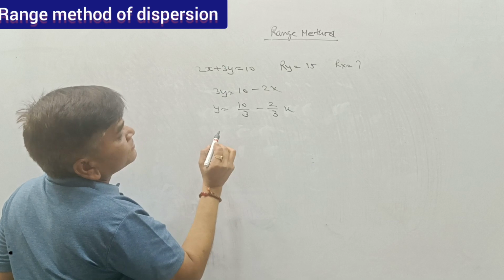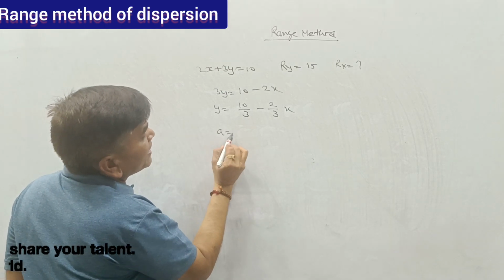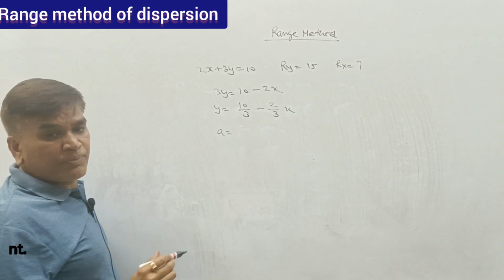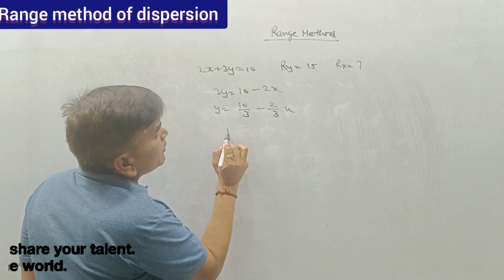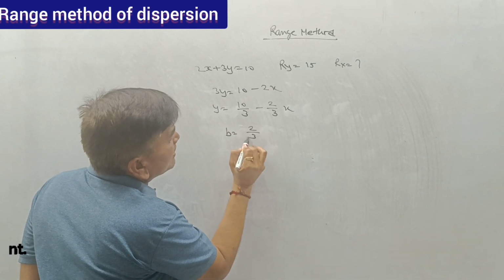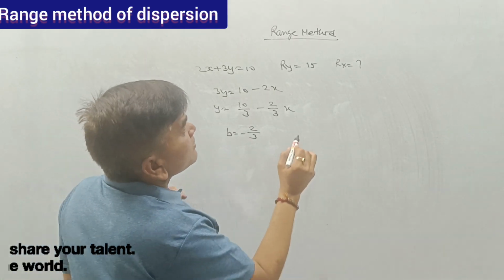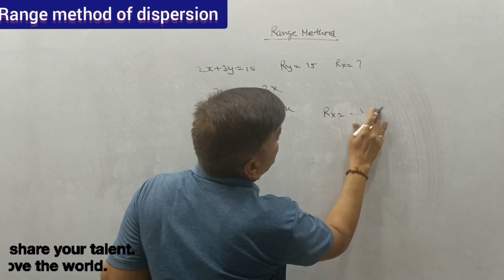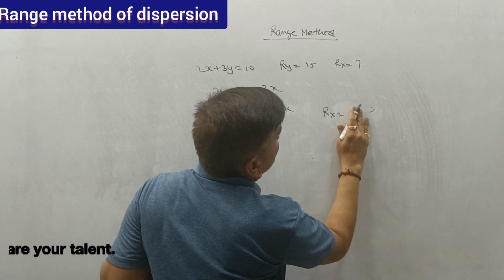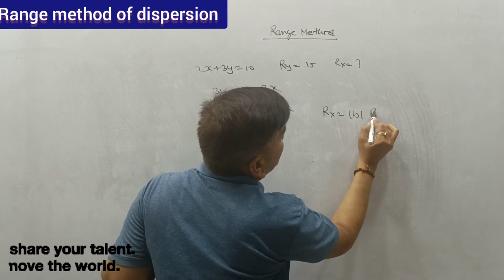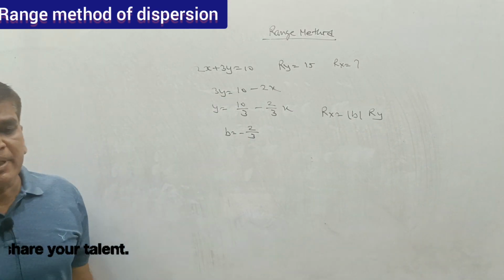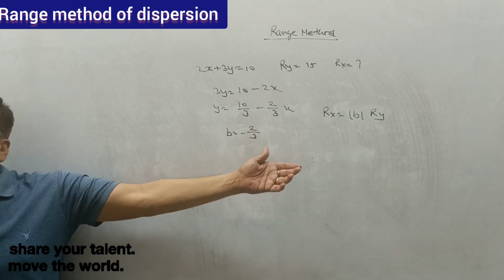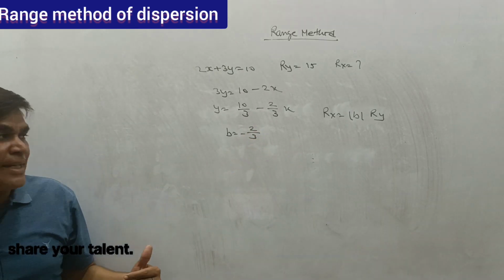So the value of b is equal to minus 2 by 3. We know the range of x is equal to b multiplied by the range of y.